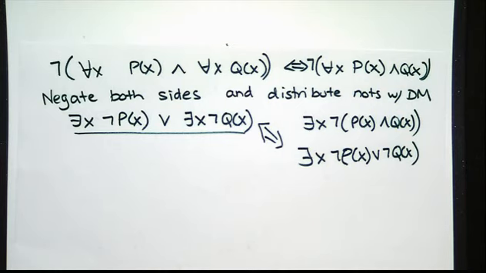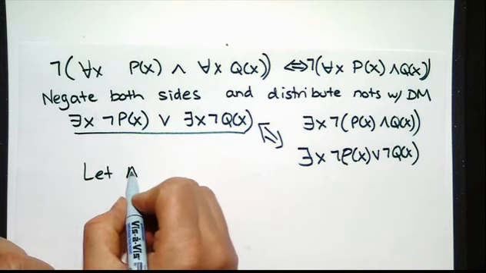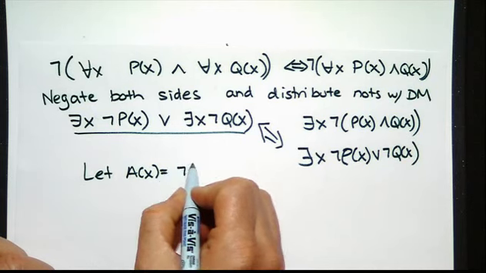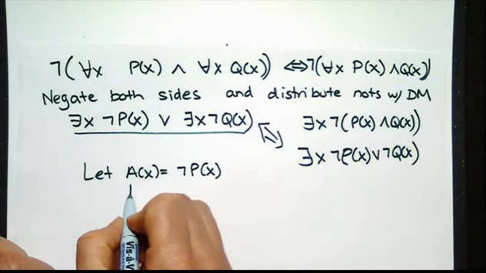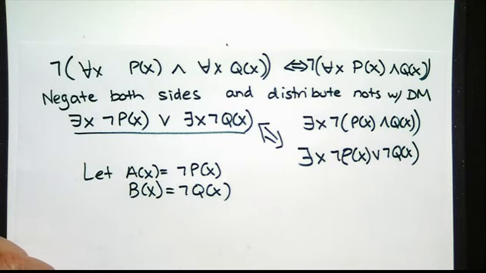So I could just make up some new variables, like a and b, and let a be not p, and let b be not q. Okay? Because I can make up variables anytime I want.